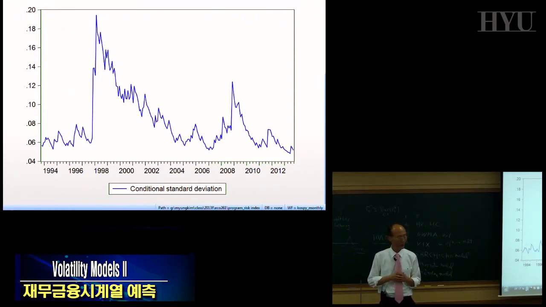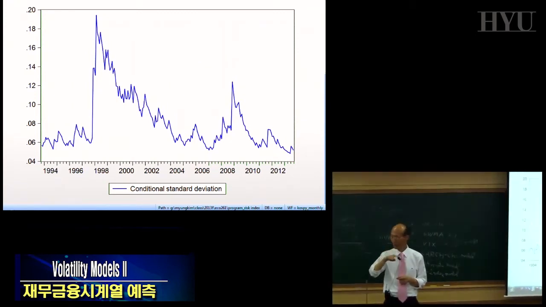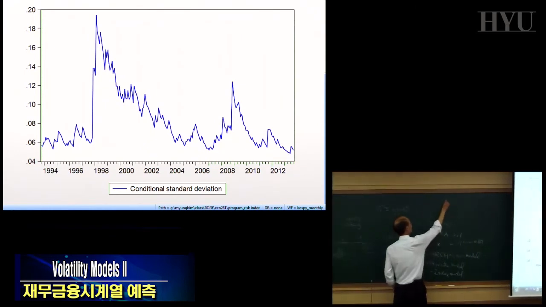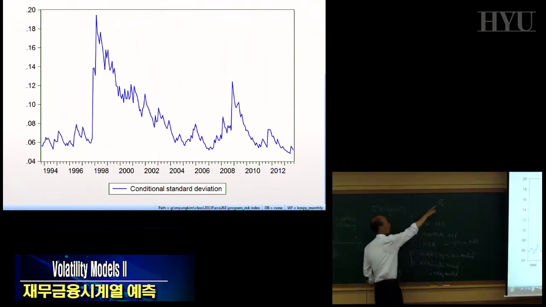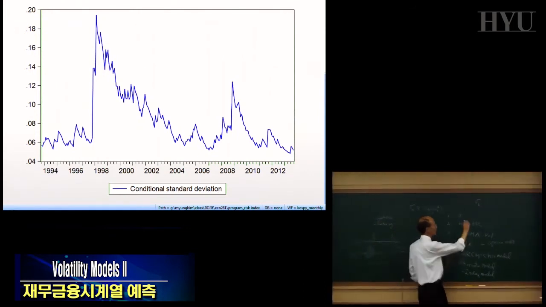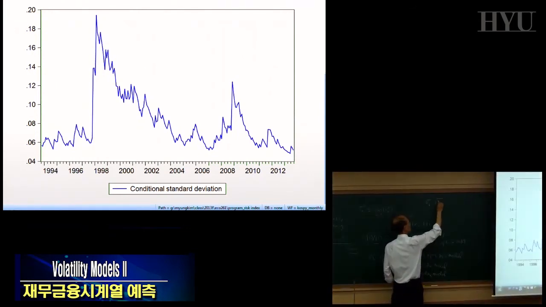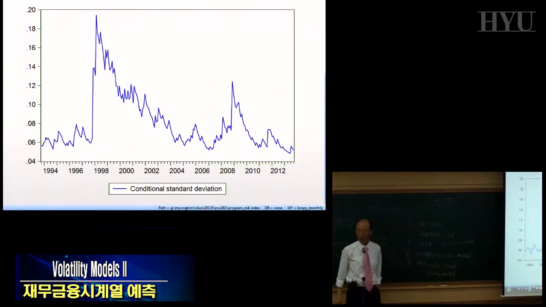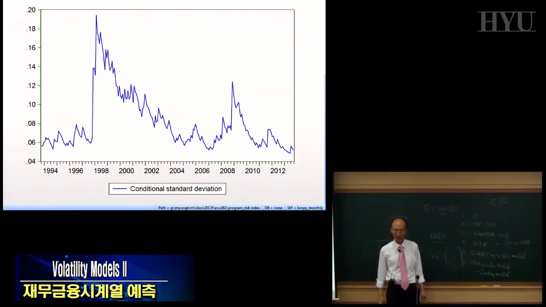And you learned which rule? Square root rule, right? So calculate the variance first, whether this one or that one. And if your data has a frequency, let's say monthly, multiply that by square root 12, right? Okay.